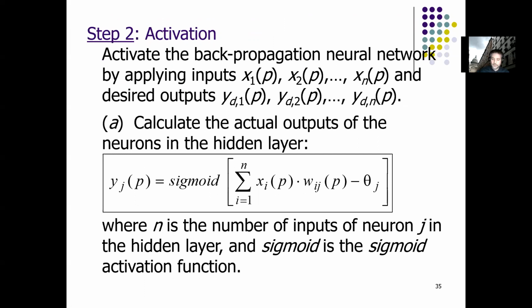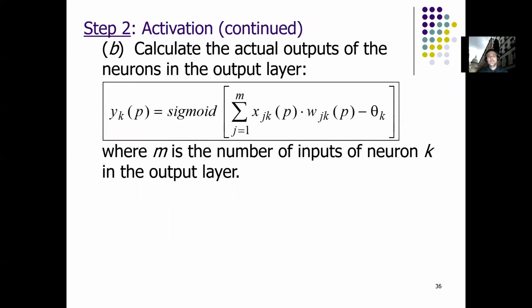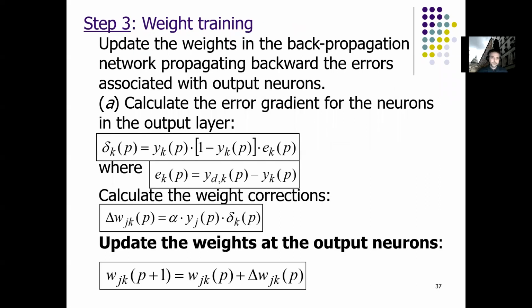Here we have the sigmoid activation function. And then you continue, you calculate the outputs at the output layer by using the information from the previous layers. So far we are doing the forward pass, where information goes from the input to the output.